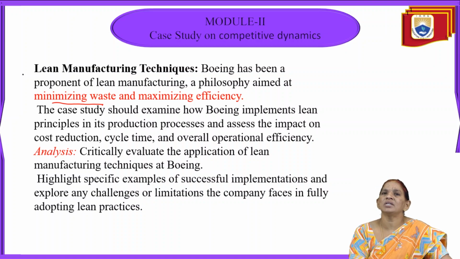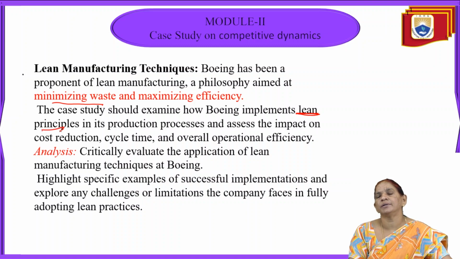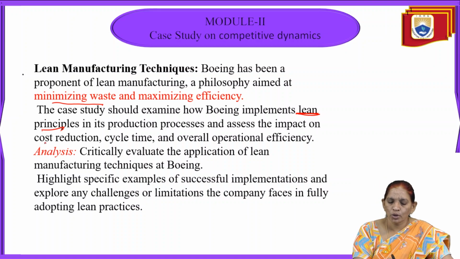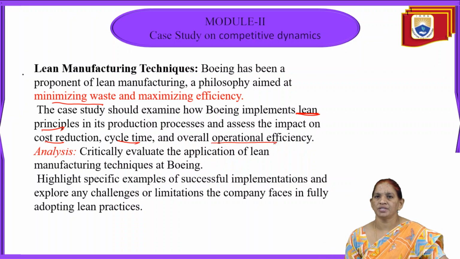So this case study examines how Boeing has implemented these lean Japanese manufacturing principles in its production process and assesses the impact on cost reduction, cycle time and overall operational efficiencies.